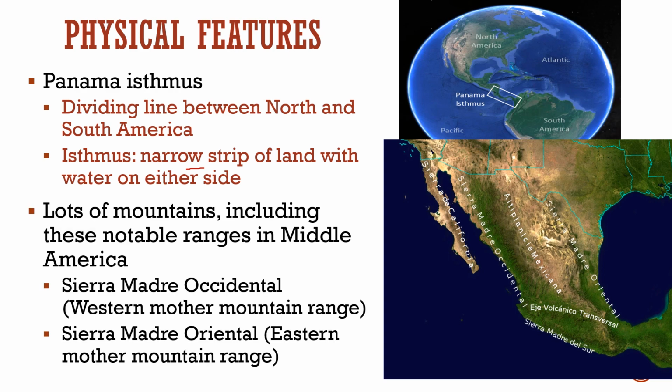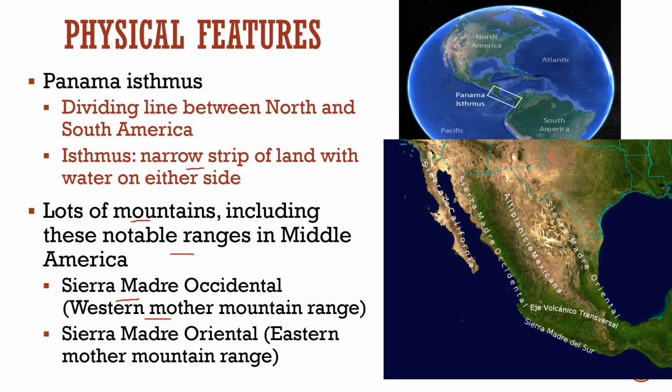So the other features, there are actually quite a few mountains. We may not typically think about Middle and Central America as being very mountainous, but it actually is very mountainous. Many different ranges that we'll see, but the Sierra Madre Occidental, which is the western mother range, and then others kind of branch off from that.